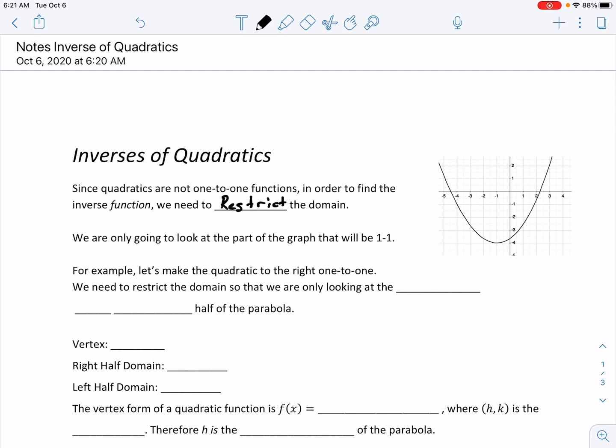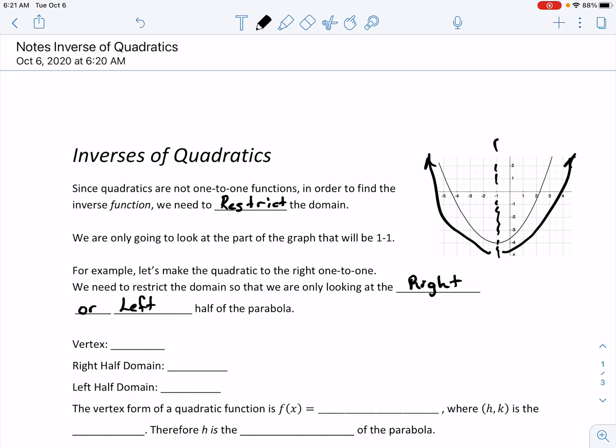For example, let's make the quadratic to the right one-to-one. We need to restrict the domain so that we are only looking at the right or left half of the parabola. Basically, we split it right down the middle, and we either look at the right or the left.